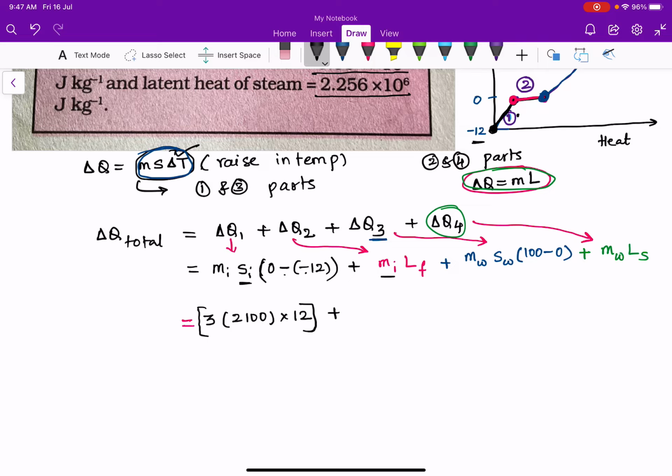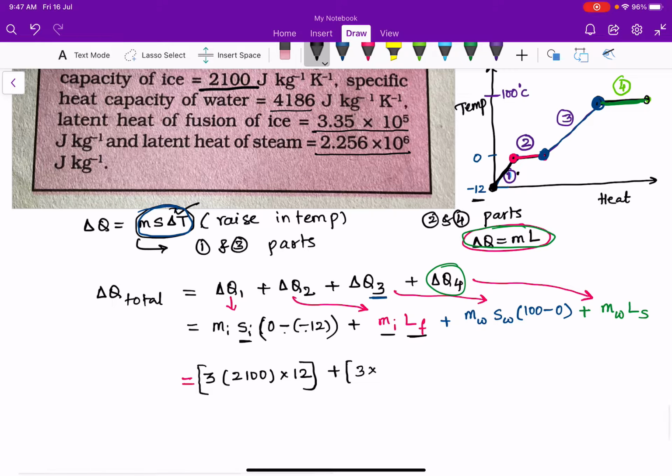Plus mass of the ice, 3, into latent heat of fusion of ice, equal to 3.35 into 10 to the power of 5. Plus this part: mass of the water is 3 kg and specific heat of water is 4186 joule per kg per Kelvin into 100 minus 0, which is 100 again.